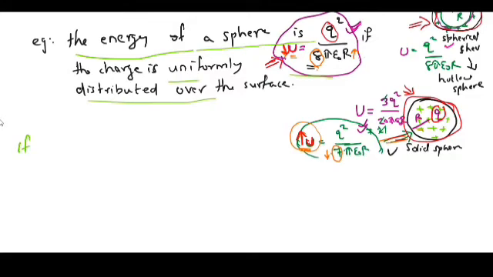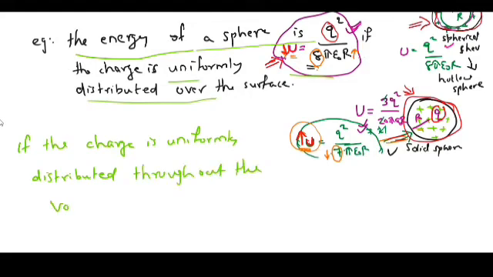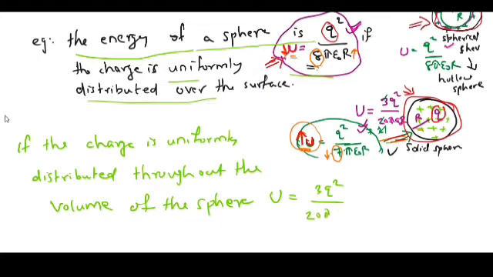And similarly, if the charge is uniformly distributed throughout the volume of the sphere, then U will be 3Q square divided by 20 pi epsilon 0 R, which is approximately equal to Q square divided by 7 pi epsilon 0 R, and this energy is greater.